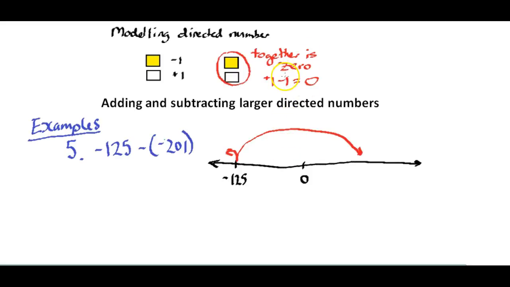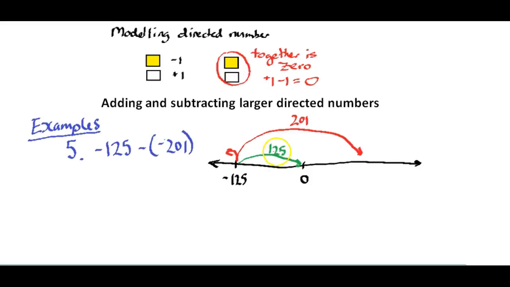Now, once again, I'm going to do this in steps just to make it easier for myself. I've got to go 201 that way. So I know I'm going to use up 125 just to get to 0. Now, how much have I got left to go?